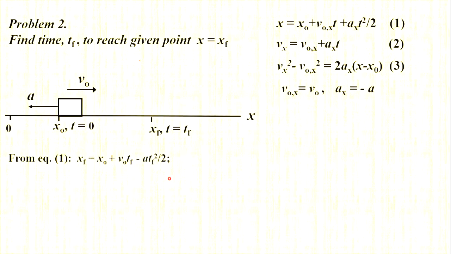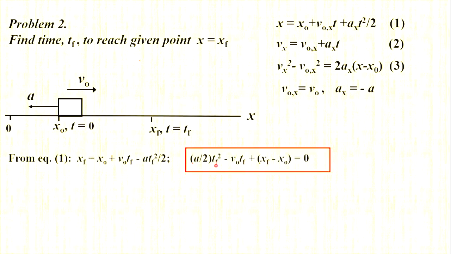It's more convenient to rewrite this equation in such form, and we see that this is a usual quadratic equation with respect to the unknown quantity tf. However, the problem is not so simple, because you know that a quadratic equation can have two roots, one root, or no roots at all. So let's link these features of the quadratic equation with the physics of the problem.